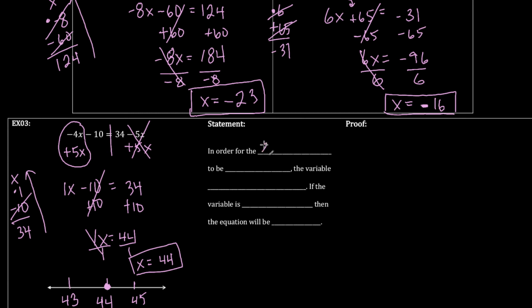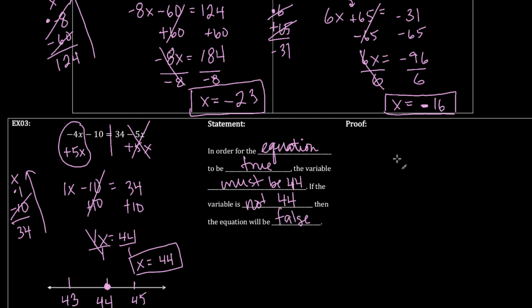Okay, so in order for the equation to be true, the variable must be 44. If the variable is not 44, then the equation will be false.